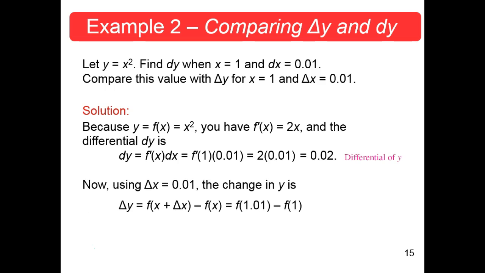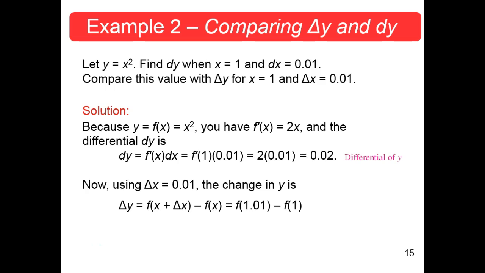Now using the delta x of 0.01, which is just changing the dx to delta x of 0.01, the change of y now is f of x plus delta x minus f of x. That's your change of y, your new y minus your old y. That's f of 1.01, this x plus delta x, 1 plus 0.01, minus f of x, which is just 1 still.